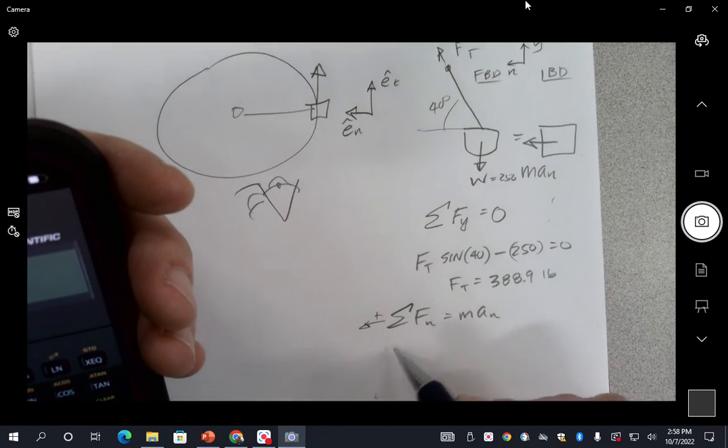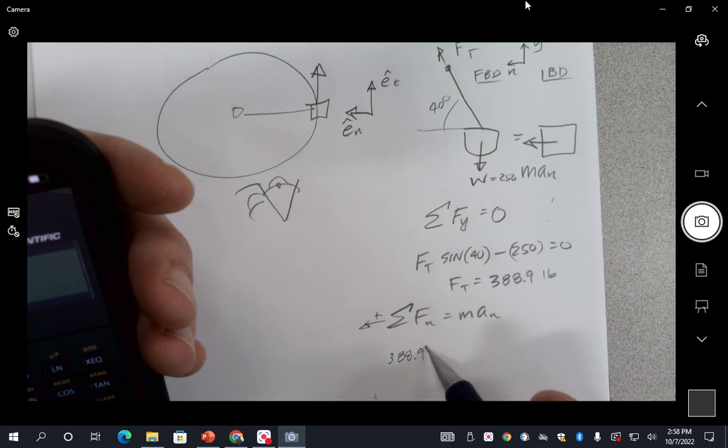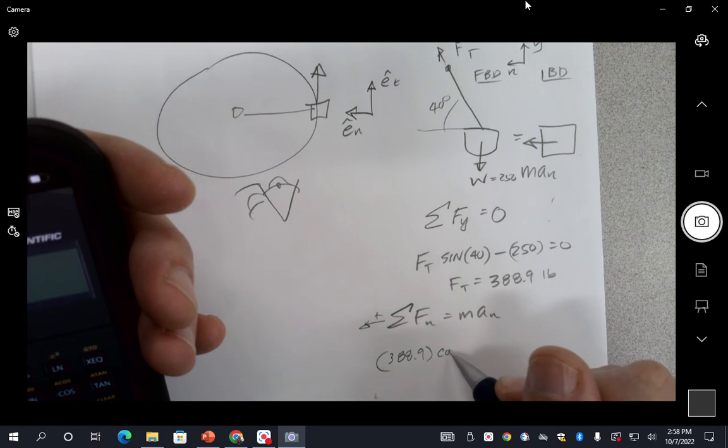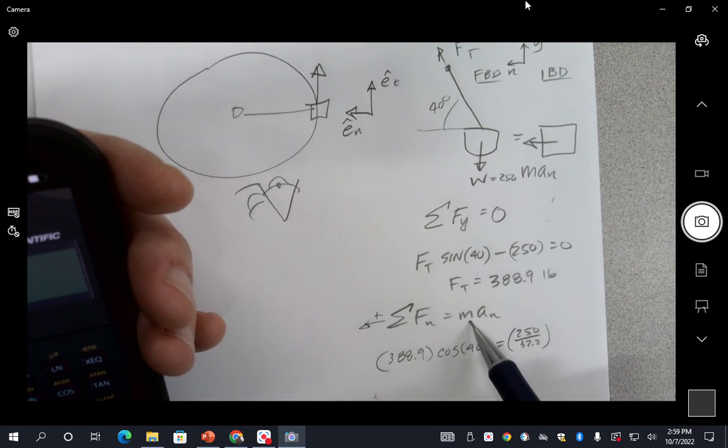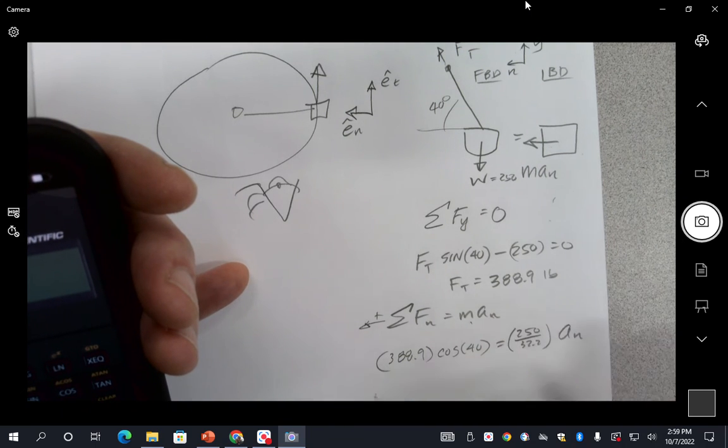And now go to the sum of the forces in the normal direction. You know that it's got the tension, right? So 388.9 times the cosine of 40 degrees is going to be equal to 250 divided by 32.2, that's the mass, times the normal acceleration.